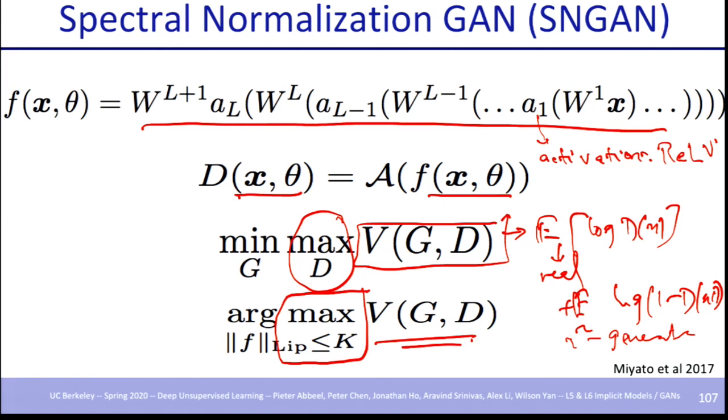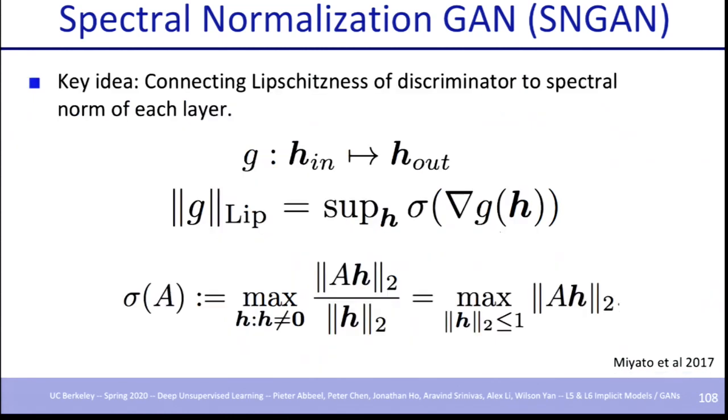Now, this paper talks about how to enforce Lipschitzness without weight clipping or gradient penalty in a more principled way. So for that, let's focus on what happens at every single layer. G is a layer that takes in h_in and outputs h_out. These are hidden layers.